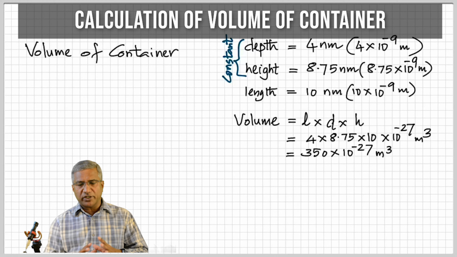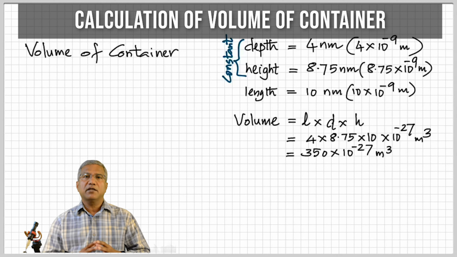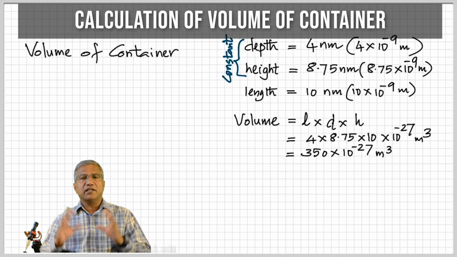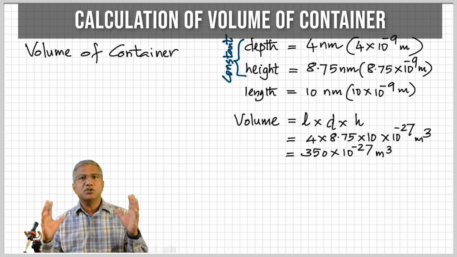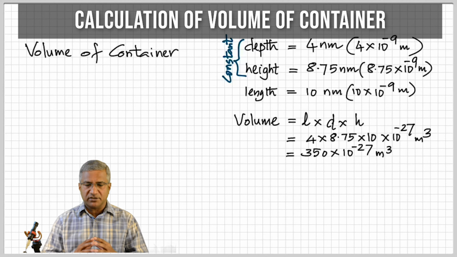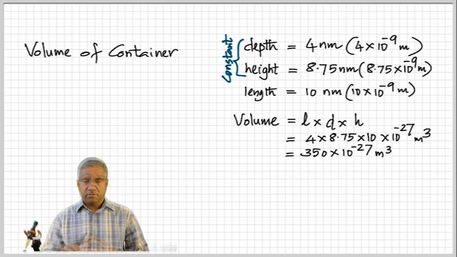And then you have 350 when you multiply 4, 8.75, and 10. So that's the volume of this container. It's a very tiny container. In the simulation, it's highly zoomed in, okay? But it's a tiny container. Its volume is only 350 times 10 to the negative 27 meter cube.